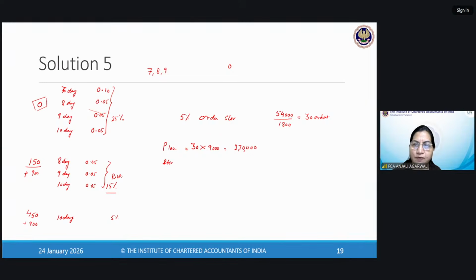And storage cost would be 1,800 divided by 2 multiplied by 300. But at 5% risk, you are also keeping a safety stock of 450. So this is to be multiplied: 450 plus 900, 1,350 into 300.